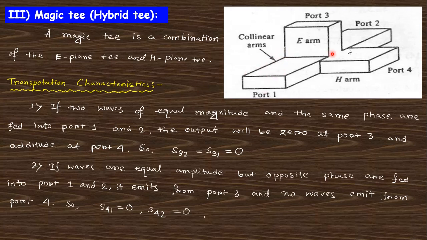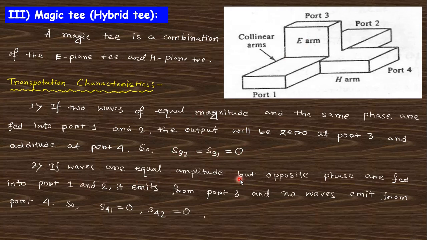You can see here, if these are the inputs, then from this it is 0, but in case of this it will be additive. So the output from 2 to 3 is 0 and 1 to 3 is 0. That's why S32 and S31 are 0.